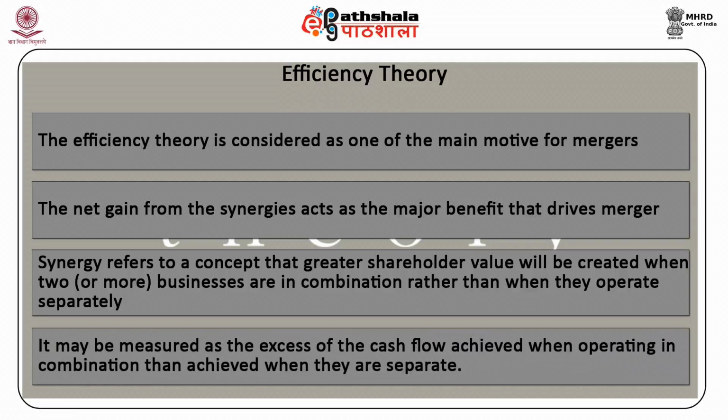It may be measured as the excess of the cash flow received when operating in combination over that achieved when they are separate. These synergies are mainly of two types, that is, operating and financial synergy.